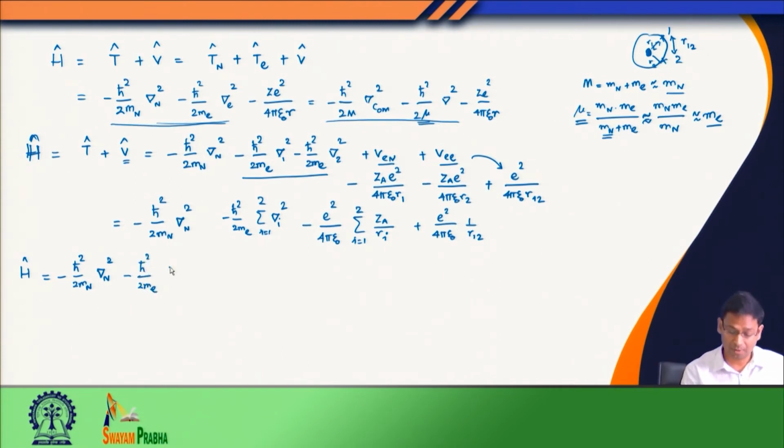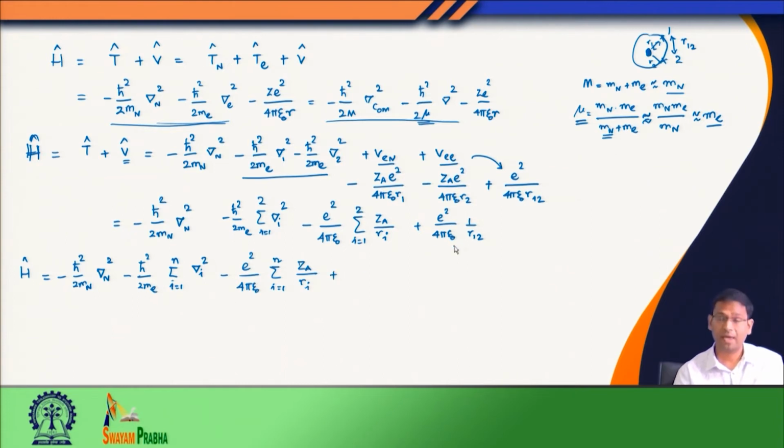Since I have n number of electrons, this term will have n number of electron kinetic energy terms. So, here the summation goes from i equals 1 to n, and then when I look at the third term, it is simple, i equals 1 to n, and I simply have still the same term r_i.